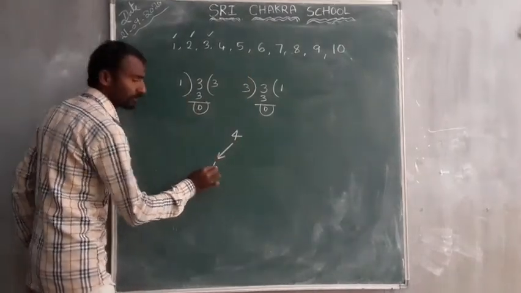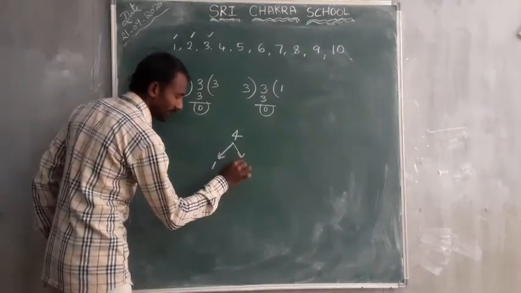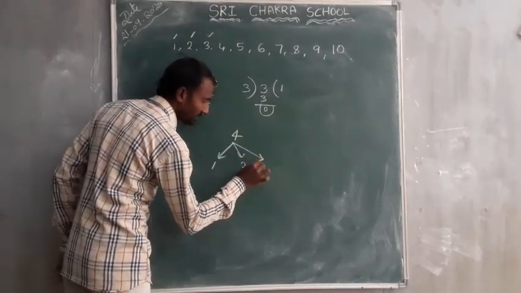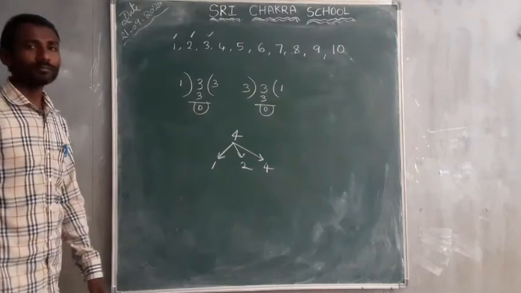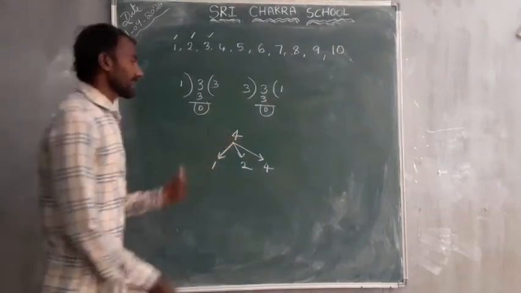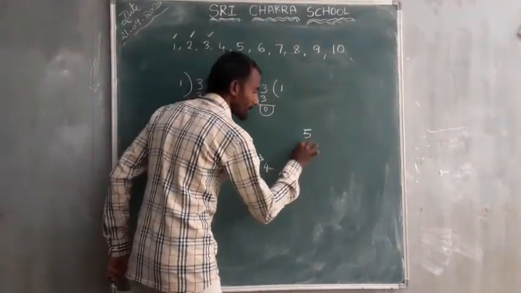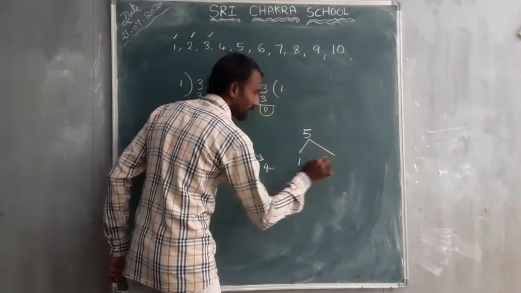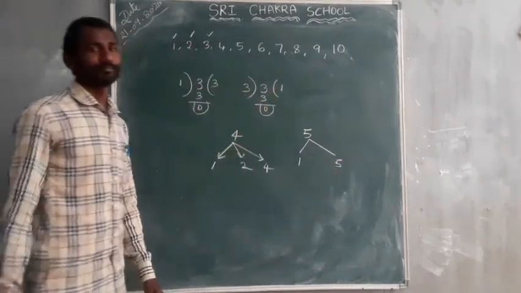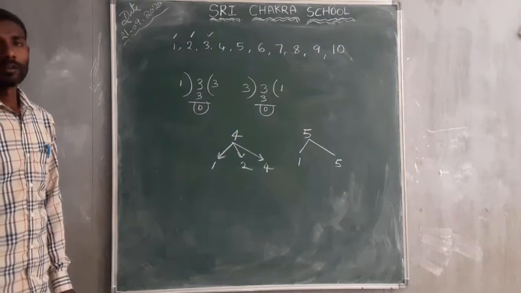Let us take 4. 4 is divided by 1. 4 is divided by 2. 4 is divided by 4. Okay. Let us take 5. 5 is divided by 1 and 5. Okay.